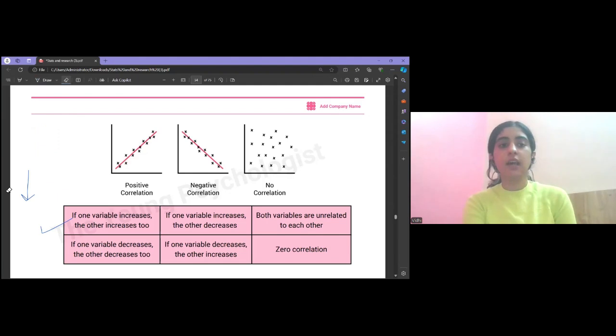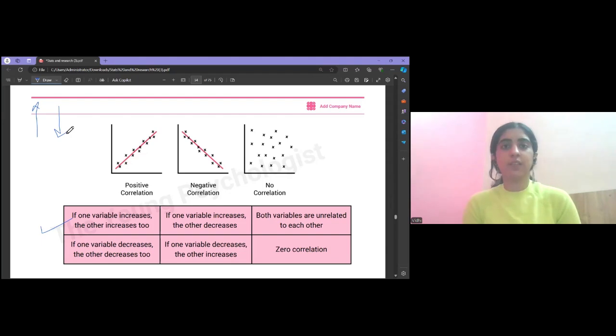Now there can be another type of correlation known as negative correlation, in which the relationship between both the variables is inverse, which means that they move in opposite directions. So let's say if one variable is increasing, the other will decrease. There is a very common phenomenon that students experience, which is stress, right?